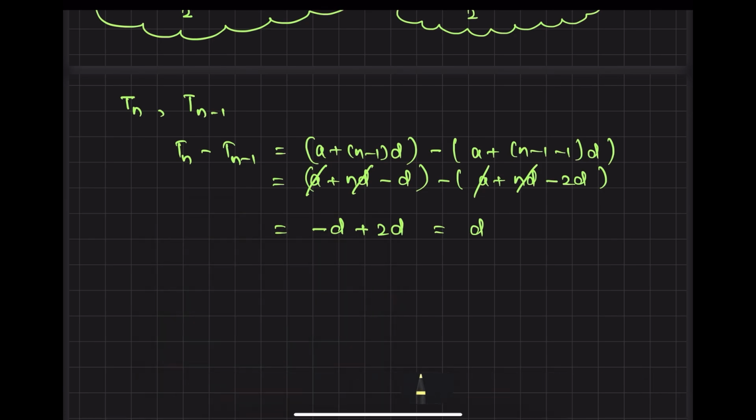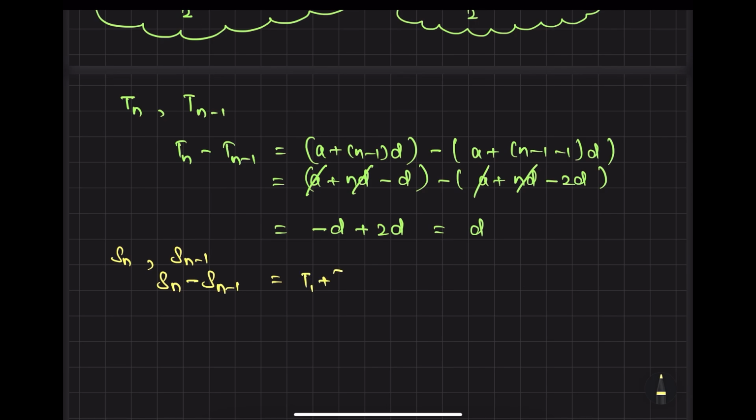Similarly, suppose that we have Sn and Sn minus 1. So if we will do this Sn minus Sn minus 1, then what we will get? Okay, so look at this. Suppose that Sn means what?